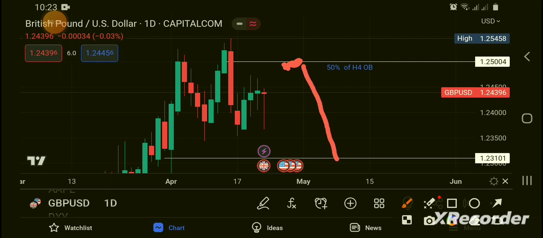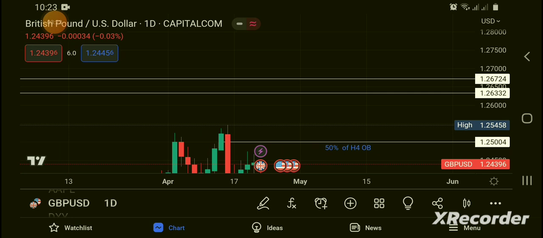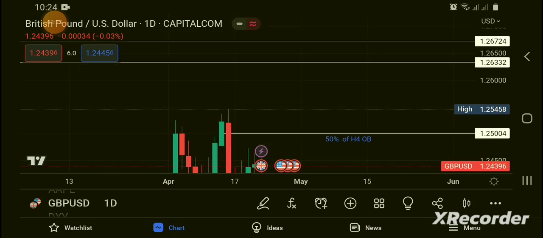At the same time, I'm also looking at price, if price breaks this, then we are possibly looking at a bullish week. And for a bullish week, if price is bullish for the week, then I should be looking at price getting to this zone.